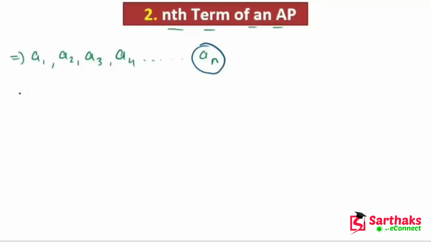So friends, what is the formula? The formula is AN equals A1 plus (N minus 1) into D. I hope you understand this.